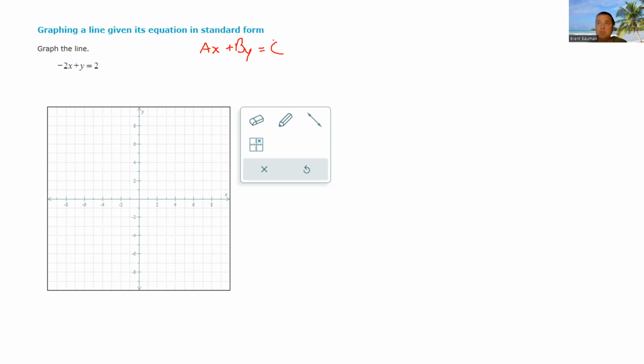So there's a couple different options for this one. If we want to just find 2 points, two of the easier points usually to find are the y-intercept, where it crosses the y-axis, and where it crosses the x-axis, or the x-intercept. So if you're finding the y-intercept, that's going to be the ordered pair where the x value is always 0, and then we need to find the y value.